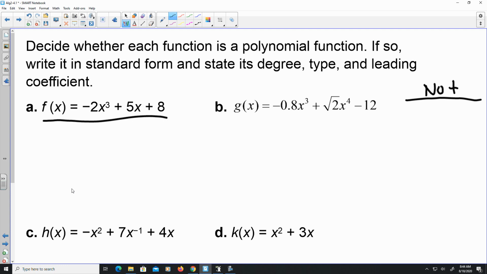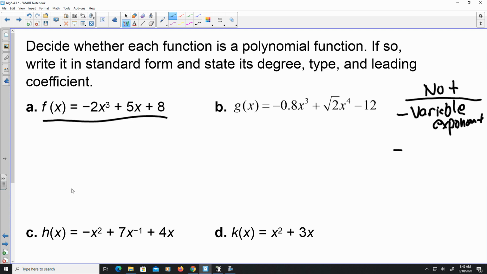The first thing is a variable exponent. If you notice anything that's raised to the x power or y power or something along those lines, it can't be.